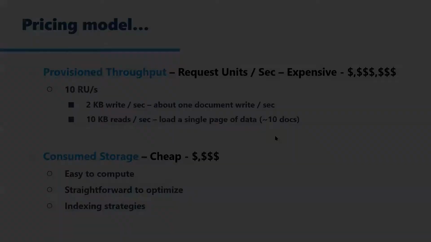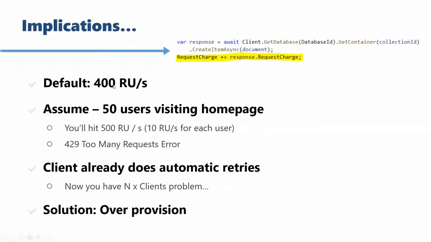Why is that? By default, you get 400 request units per second, and you can get as much as you want. I think that the maximum now is 40,000 request units per second. And that's interesting because let's consider a simple scenario. I need to render a page, and that page needs to show a list of items.